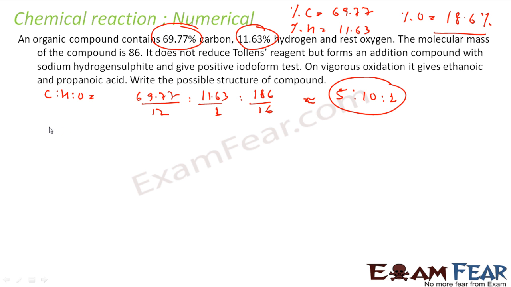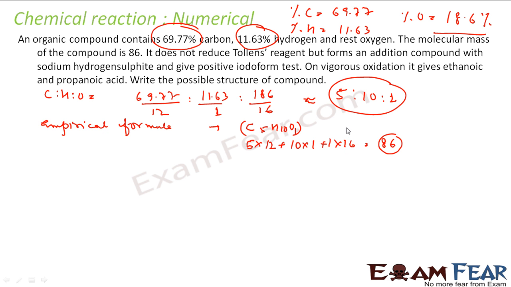That means my empirical formula is nothing but C5H10O. It's some number n times this. This is my empirical formula. So if you multiply 5 into 12, plus 10 into hydrogen 1, plus 1 oxygen into 16, what you get is 86.